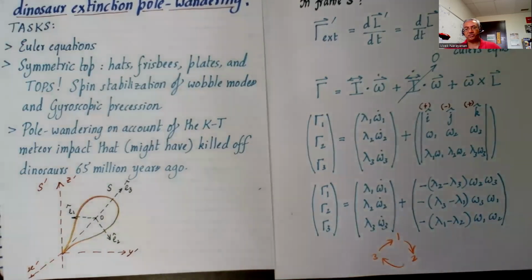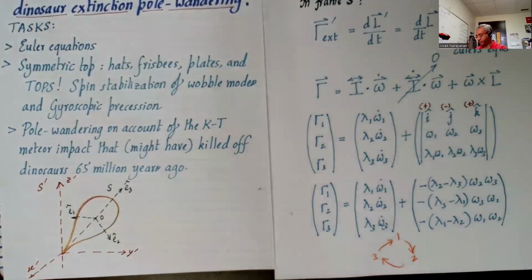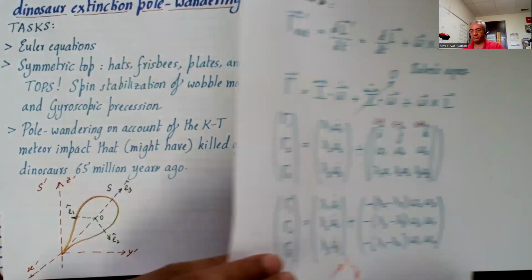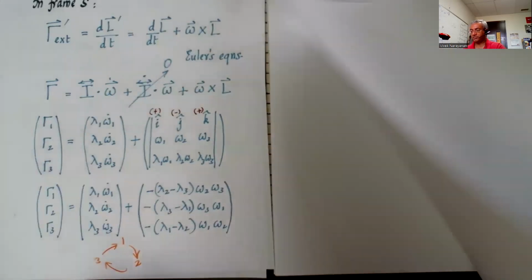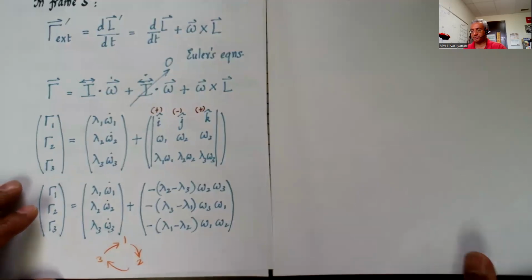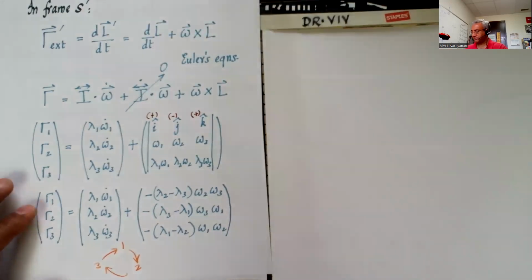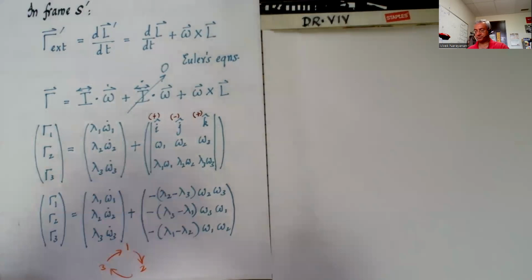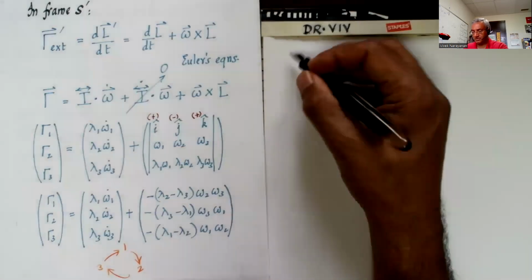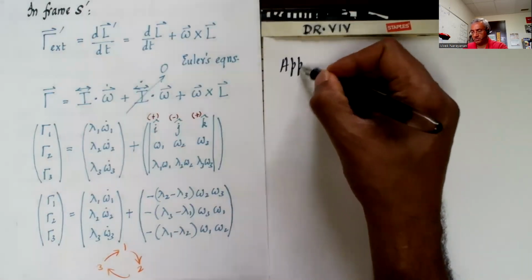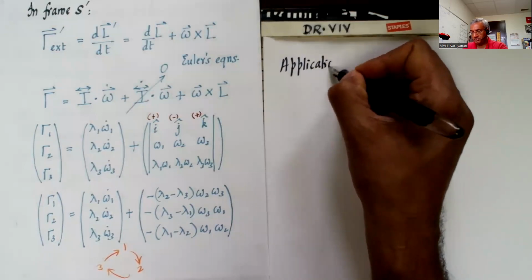So what we're going to first do is a simple example where lambda 1 and lambda 2 are equal to each other, and then lambda 3 is the one that varies. This addresses all precessing objects like tops or the Earth. So that's the first application. I think there's a figure to go with this.